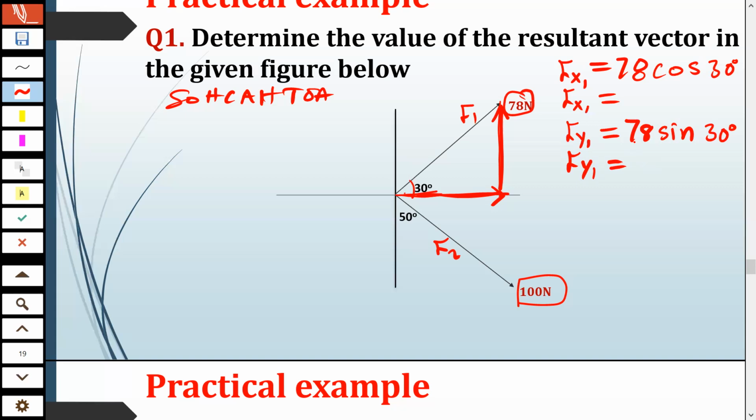Okay, let me just put them. The first one is 8.4 newtons. Then the second one would be 78 times sine 30, which is 39 newtons.